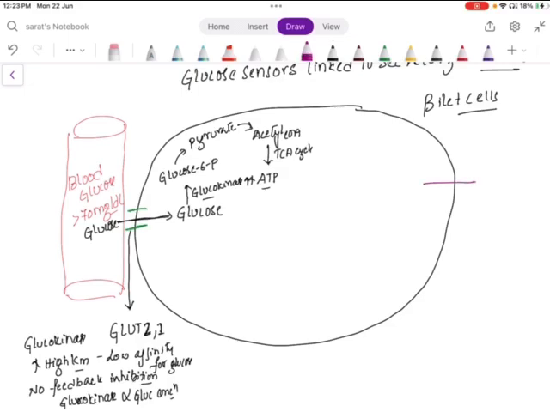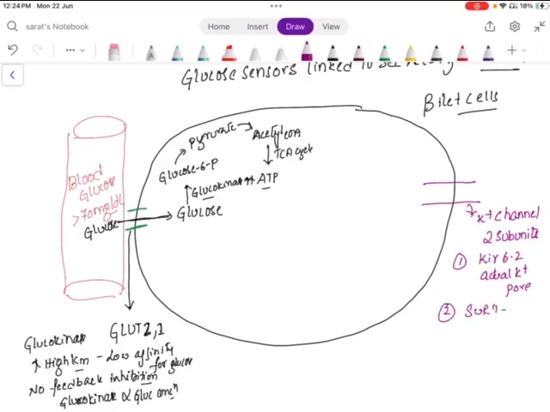Next, we have to discuss the potassium channel. This is called a potassium channel, and this potassium channel is made up of two subunits. One subunit is called Kir6.2, which is the actual potassium pore, which causes flow of potassium from inside to outside the cell.